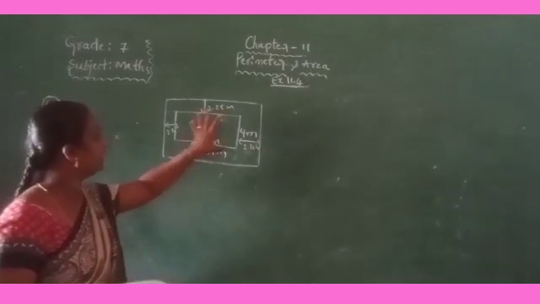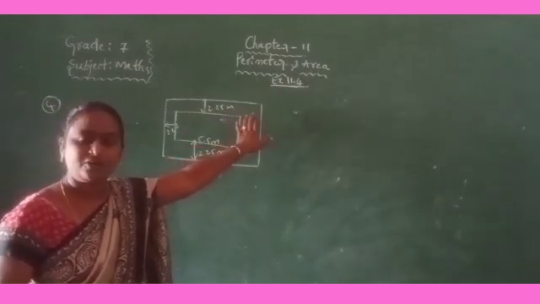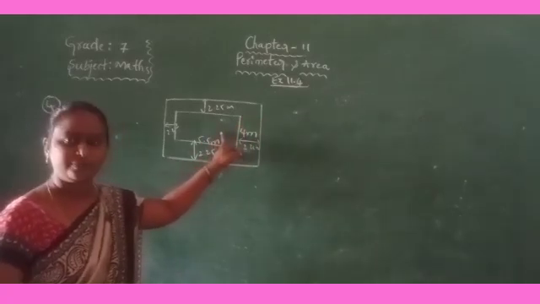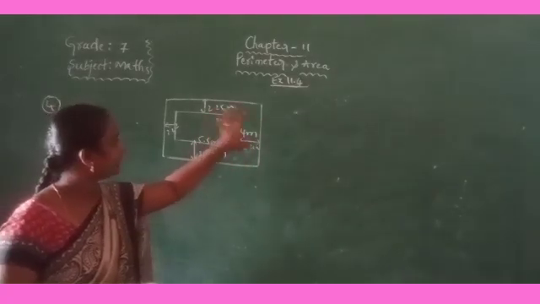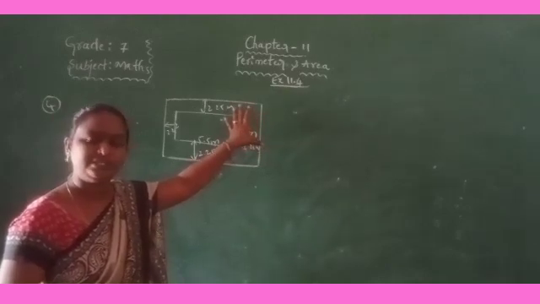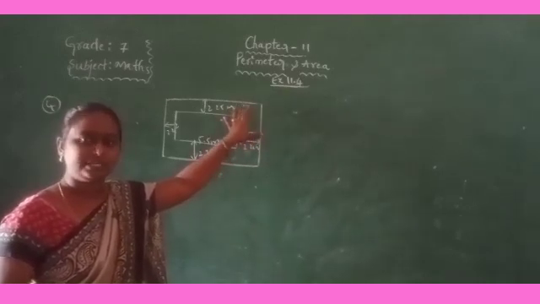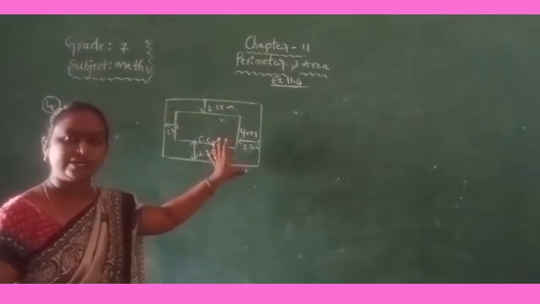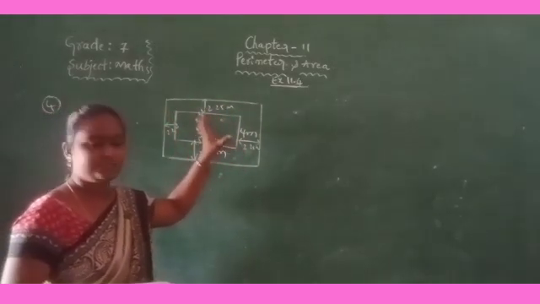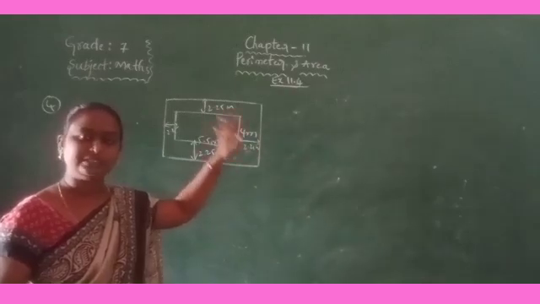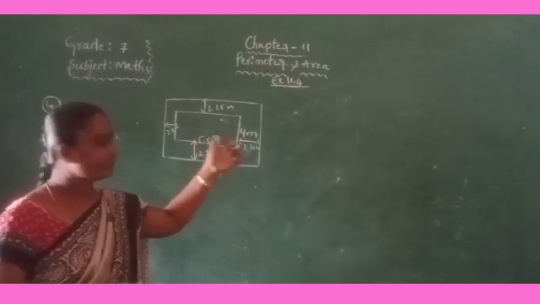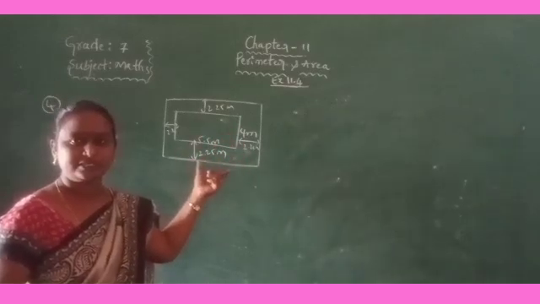Then what is the area of this veranda? How to find the area of the veranda? First find the area of the room, after that find the area of the room with the veranda. Then only we can find the area of the veranda. Between with veranda and without veranda, which area is more?